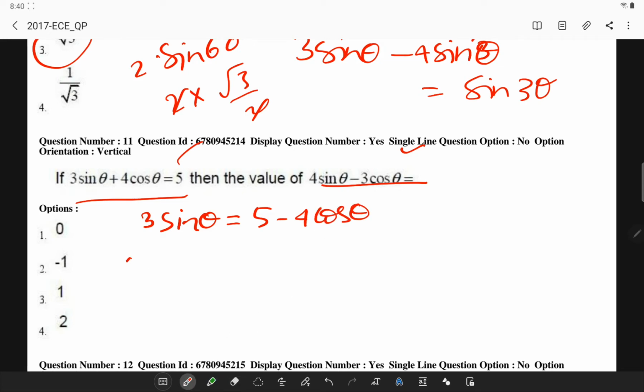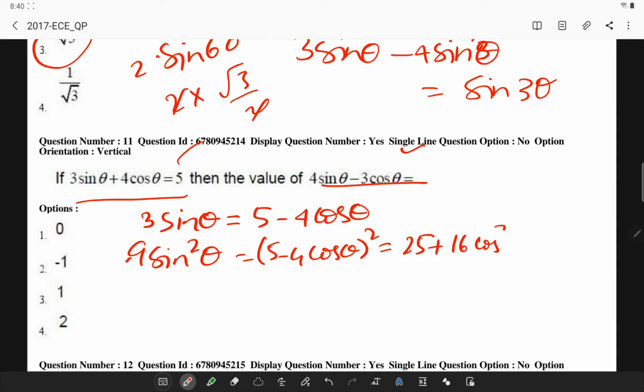So if I square on both sides, this will be 9 sine square theta is equal to 5 minus 4 cos theta whole square, which is 25 plus 4 square 16 cos square theta minus 2 5s are 10 into 4 20, 2 2 is 40 cos theta.